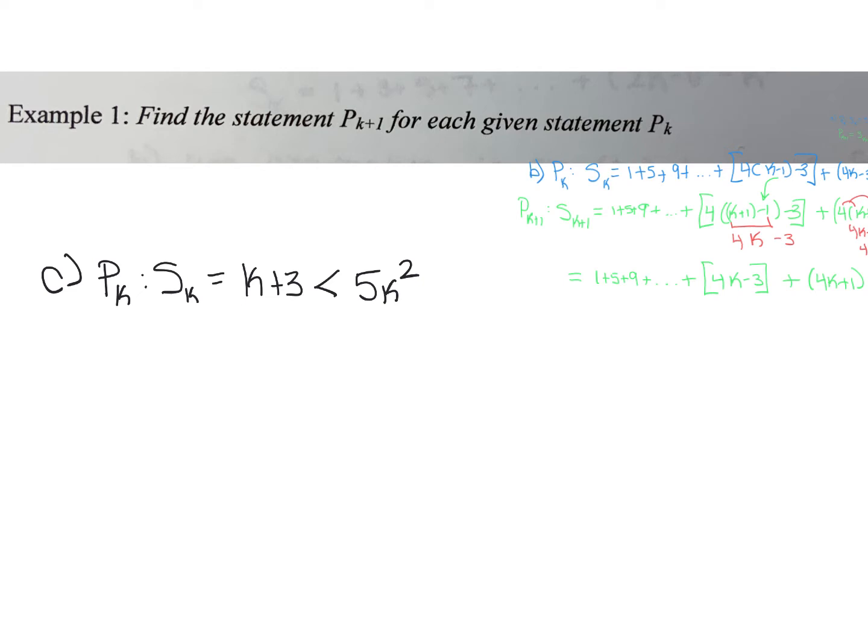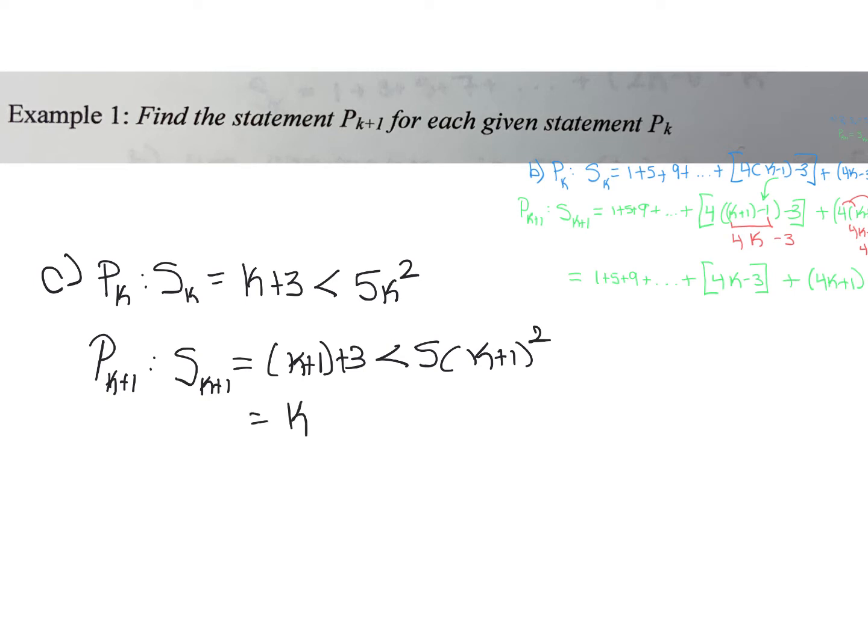So if I want to find the statement for P sub k plus 1, P sub k plus 1 is going to be S sub k plus 1 equals k plus 1 plus 3 is less than 5 times k plus 1 squared. This side I can clean up into k plus 4 is less than 5 times k plus 1 squared. That's your answer.